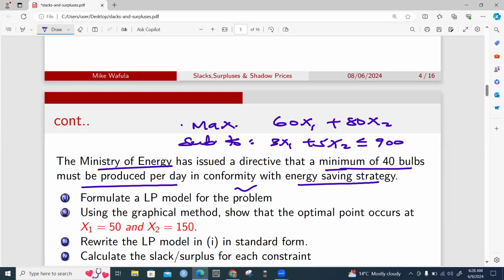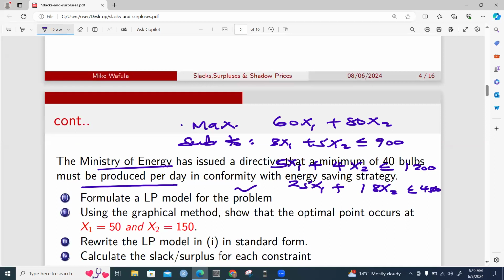The second constraint has to do with the machine hours, which will be 5x1 plus 4x2, and this should also be less than or equal to 1200. Then you have the glass material, 25x1 plus 18x2, which should also be less than or equal to 4500.